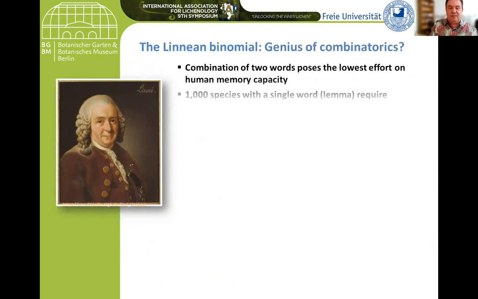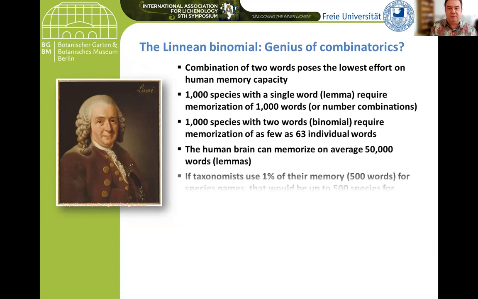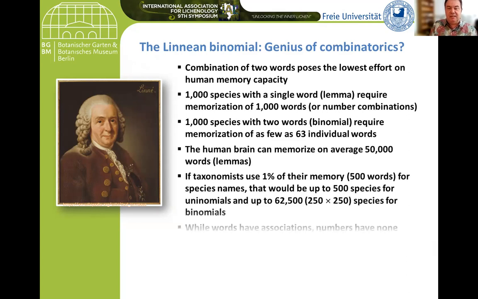So if you look at the Linnaean binomial, what is its power? You have a combination of two words, and that poses the lowest effort on human memory capacity. If you imagine you have 1,000 species and you would have to name them with a single word each, you would have to memorize 1,000 words or number combinations if you want to do numbers.